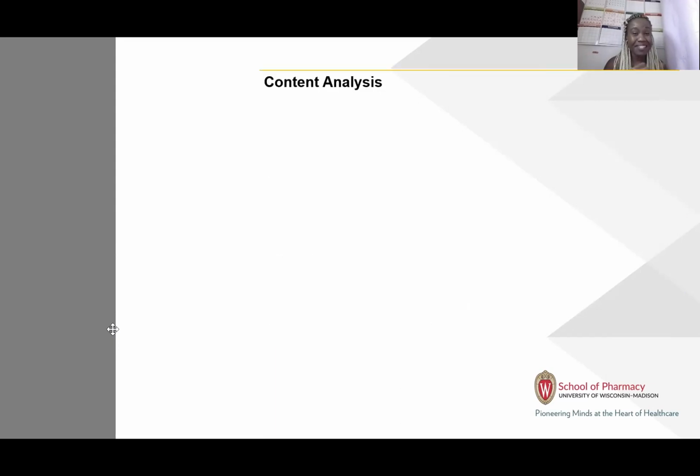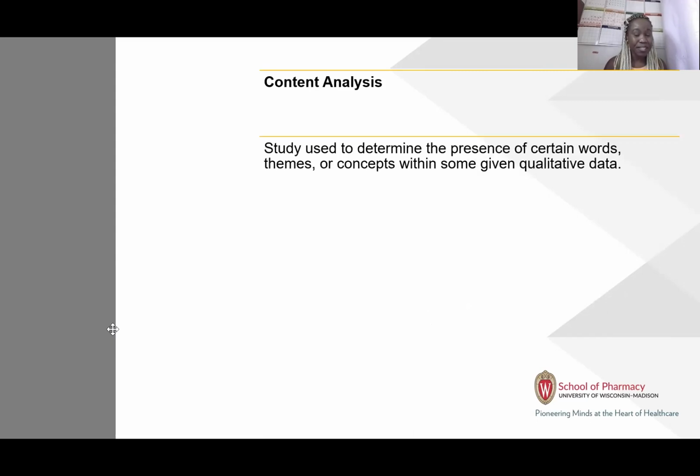And then content analysis, I'm geeking out. This is my favorite. In content analysis, there are so many different types, but it's simply used to determine the presence of certain words, themes, or concepts within a given qualitative data. And so it's kind of aggregation, and sometimes content analysis can actually be quantitative. So if I start counting words. For example, in my study, I select themes.